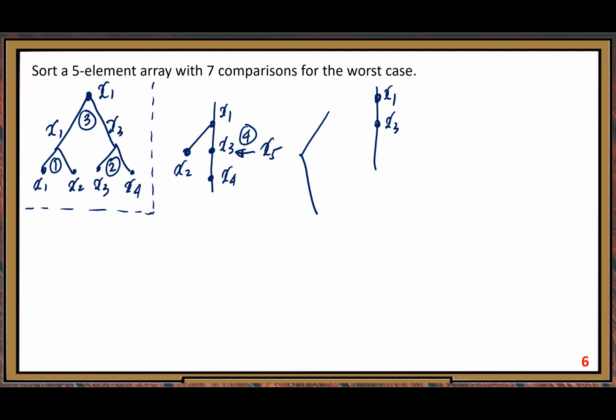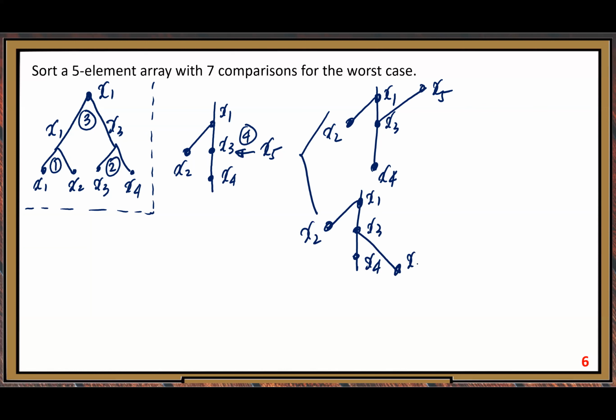x1, x5, x2, x4, okay? The second case, less than x3. x1, x3, x4, x2, x5 is here.